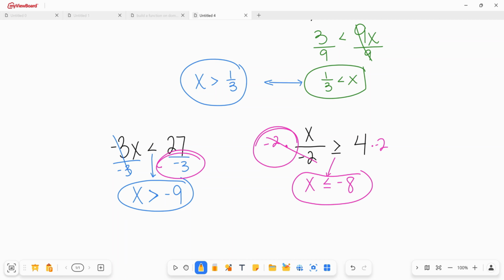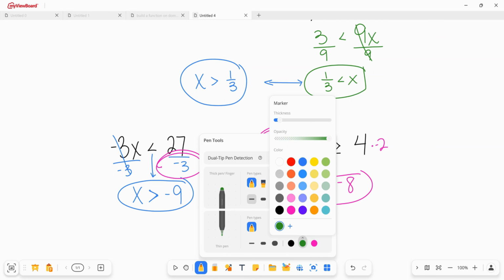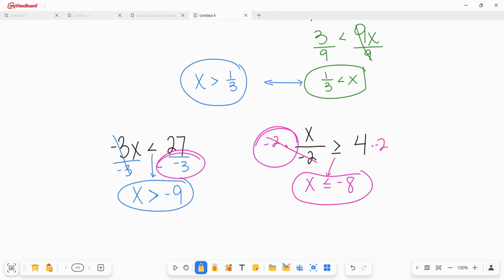Now, I remember this from previous years of teaching this, if, for example, that 4 would have been negative and that 2 would have been positive, we're technically still multiplying by a negative, right? However, the number that we are multiplying both sides by wouldn't be negative in that case, with my green writing over here.